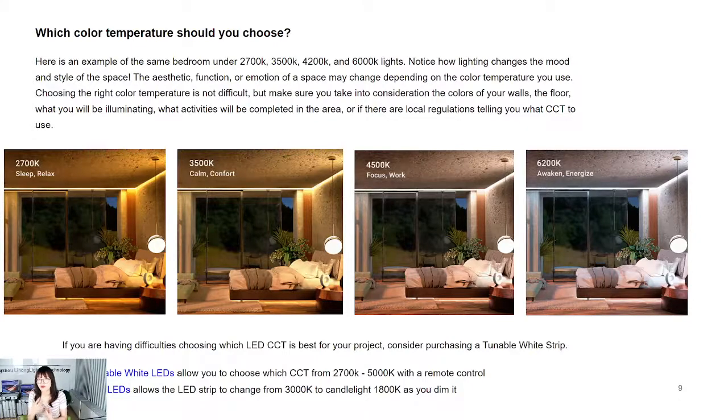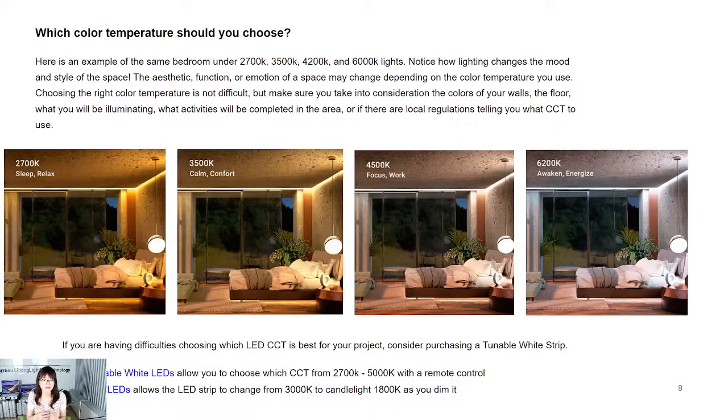So now you know why shopping malls have this color temperature: in this environment you feel awakened and energized, so you cannot control yourself from paying more when you're shopping. So these are the four different color temperatures we present here.